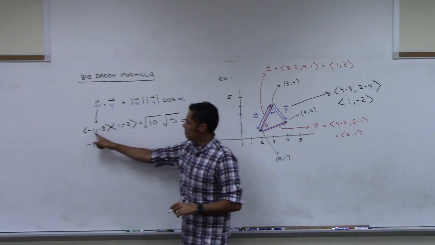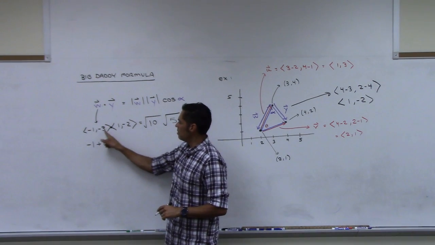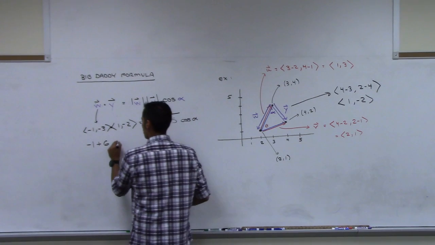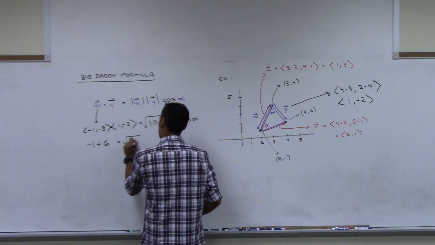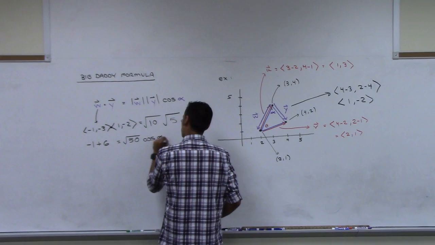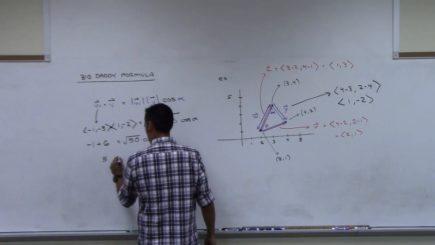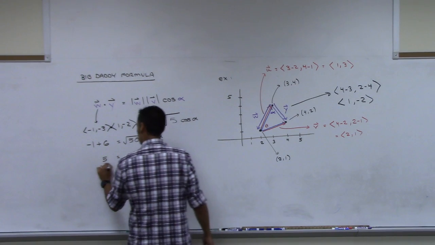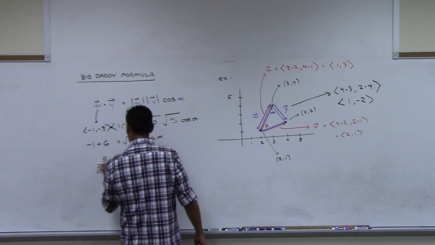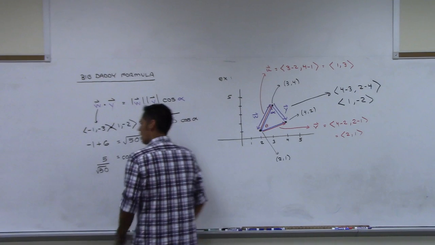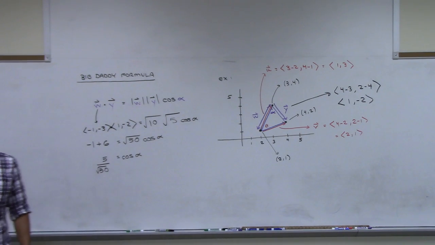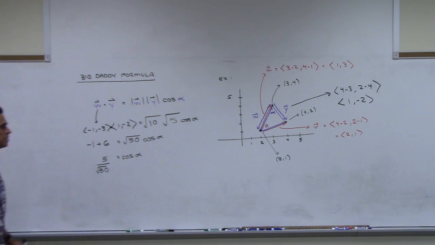We did this. That's negative 1 plus these two multiplied is 6. So root 50 over here again. Is this the same computation we just did a second ago? Wasn't it? 5 over root 50? There we go. So alpha is 45.